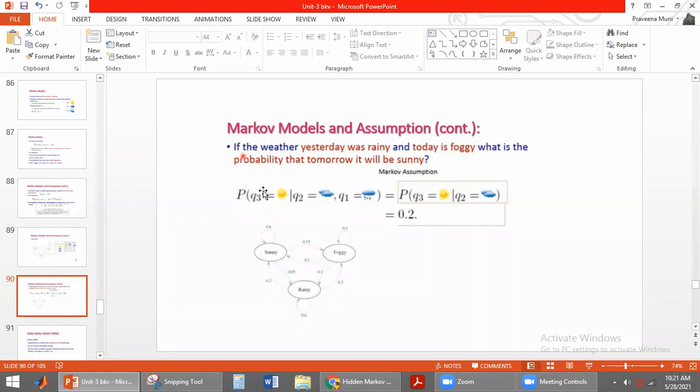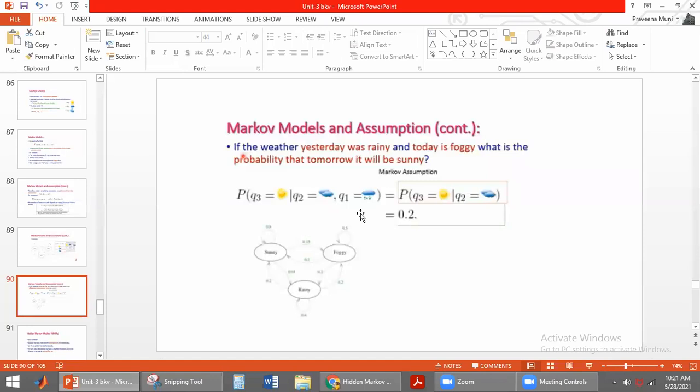So what is Q3 here? The probability that Q3 is sunny, given that Q2, today's weather, is foggy, and Q1, yesterday's weather, is rainy.